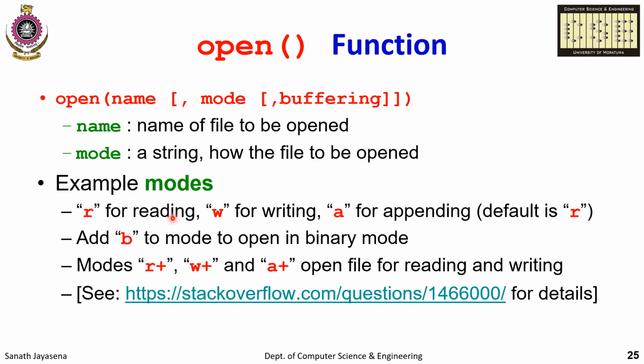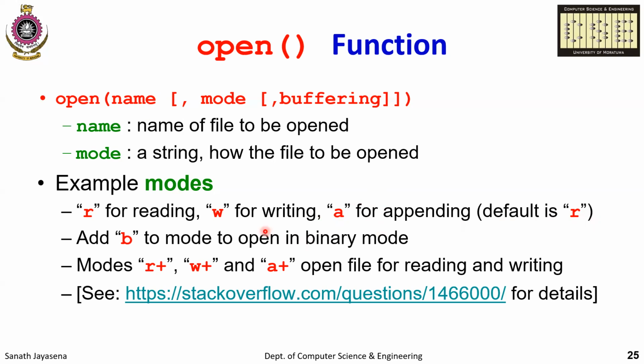If you're opening the file for reading, you indicate R. If you want to write the file, then it's W. And if you want to do appending, meaning adding at the end, while you may also be doing reading, you can use A. If you don't include it, then it is assumed to be R, which is the default.